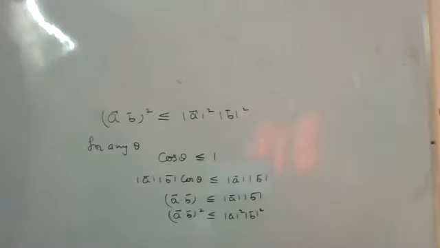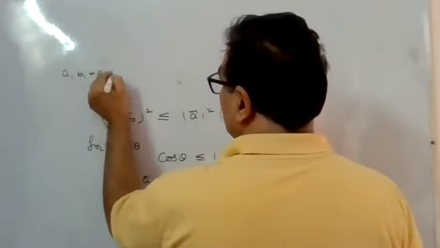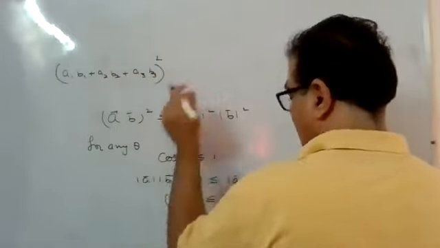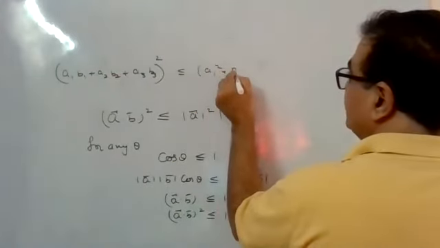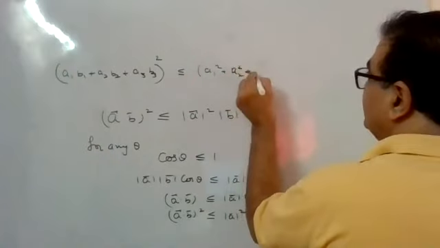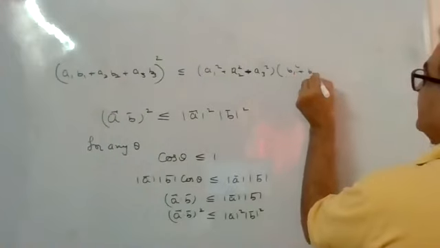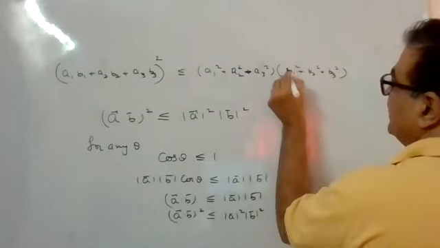Okay. In the same question, one more thing they want to prove. Also, show that (A1 B1 plus A2 B2 plus A3 B3) whole square is always less than (A1 square plus A2 square plus A3 square) into (B1 square plus B2 square plus B3 square).